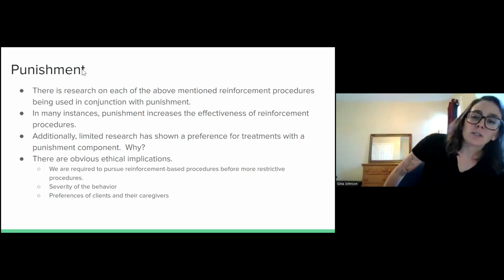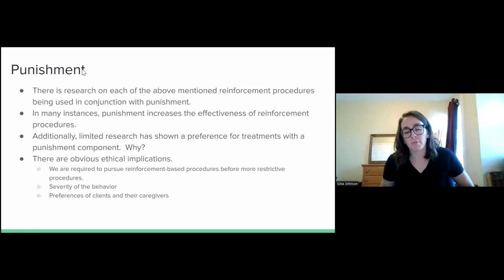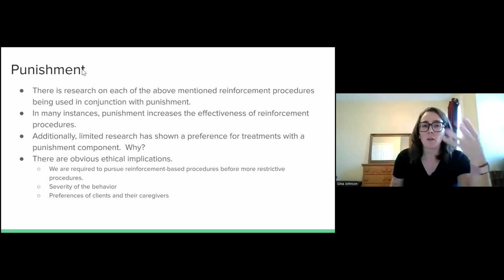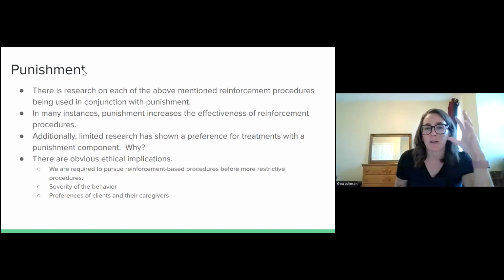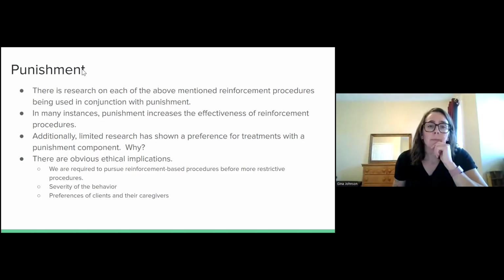There are lots of different forms of punishment that have been used: response cost, different kinds of restraints, like very brief restraints, a variety of things, nothing enormous. We're not talking about electric shock here. It's typically very mild aversives that are applied in some way, and it could just be loss of a preferred item, anything like that.